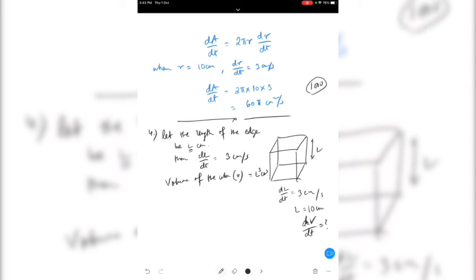Because they have given that the length of the edge is 10 centimeter. No, it cannot be 1000. Why? Because this length L equal to 10 centimeter is for one particular point. At one particular point the length is 10 centimeter and the volume of the cube is 1000 centimeter cube.